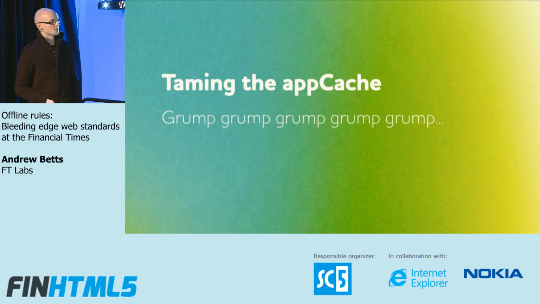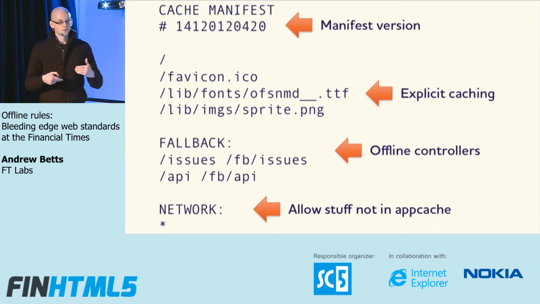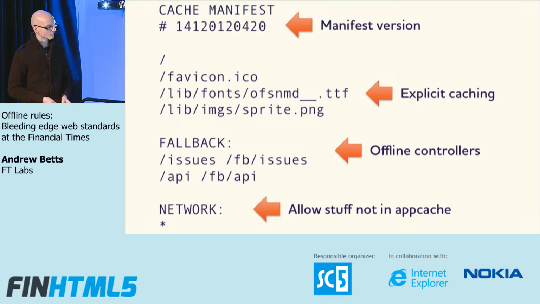Conceptually, the app cache is very simple. You create a list of resources that you would like to make available offline. The browser then downloads all of those resources and stores them, and forevermore, those resources will now come from the app cache and not from the server. There are a few interesting additional features, like the fallback section here lists prefixes.